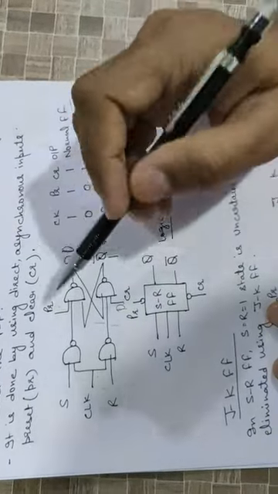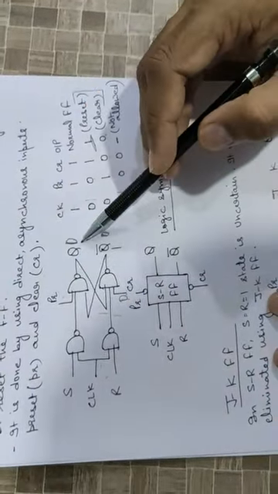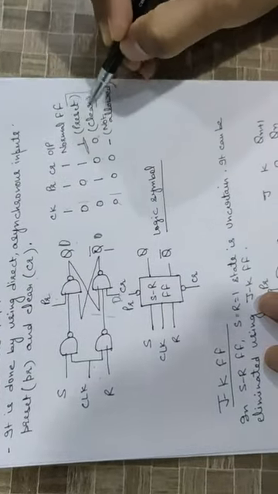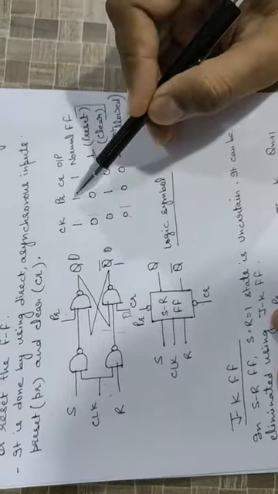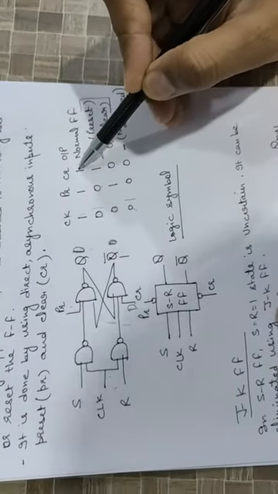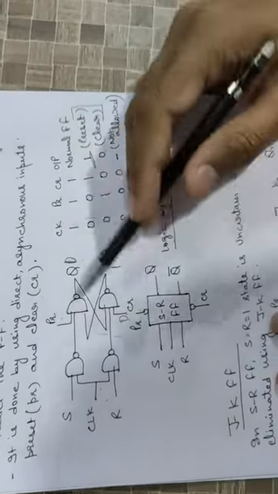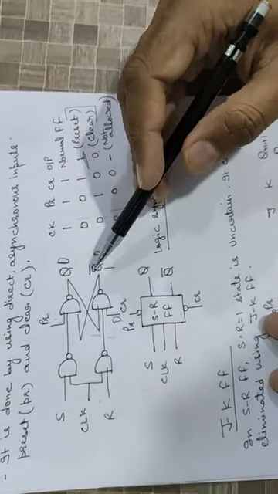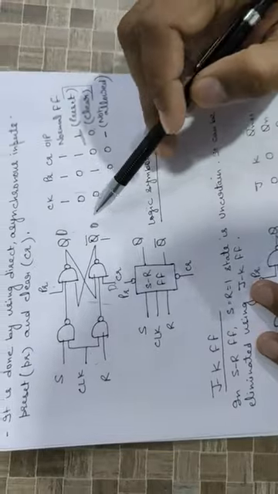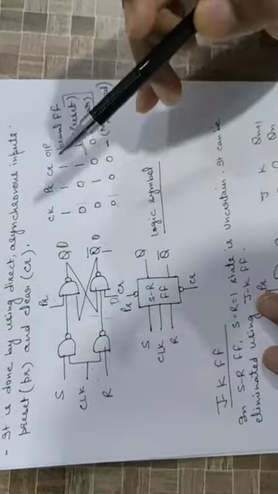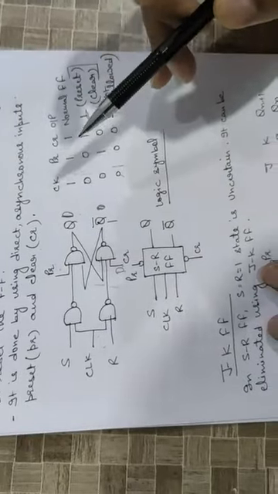So initially I set the value of Q of n, the present state, depending on preset and clear from these two conditions, and after that I set the values to 1, 1 for preset and clear, and then I apply the clock pulse for its working as an SR clocked flip-flop, removing the disadvantage, since I am setting the state of the circuit to be either 0 or 1 depending on my need.